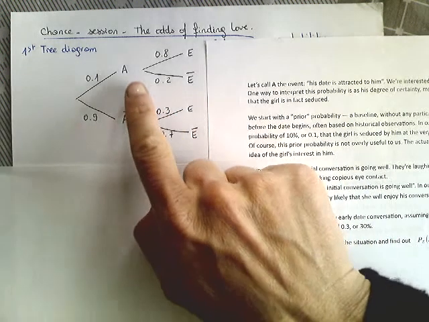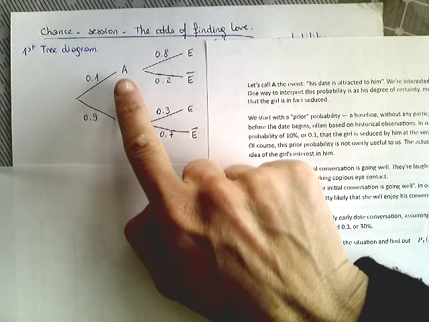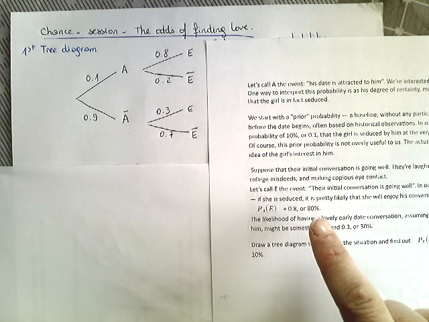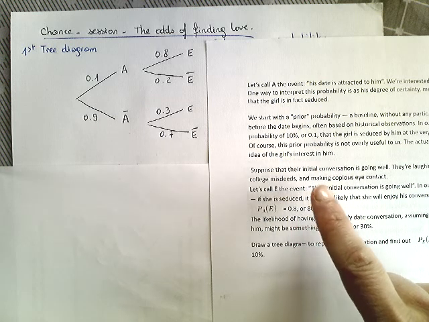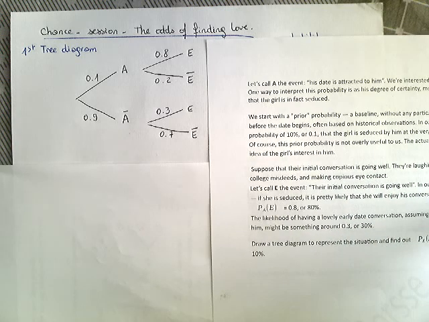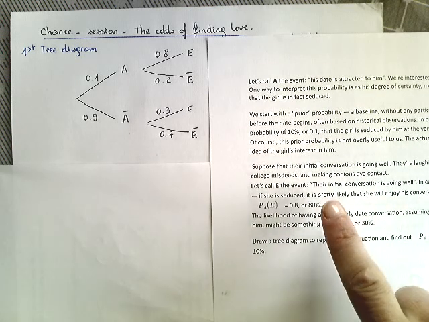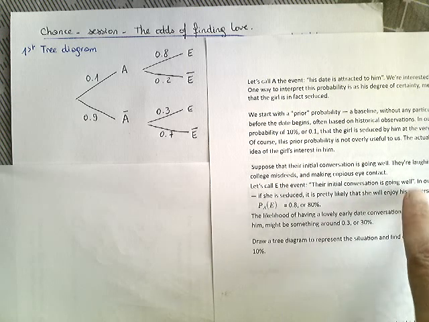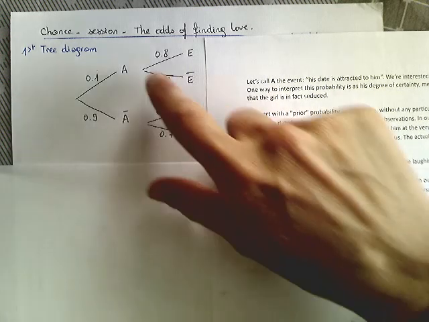And then if she is attracted to him, we estimate that their initial conversation is going well with a probability of 0.8.